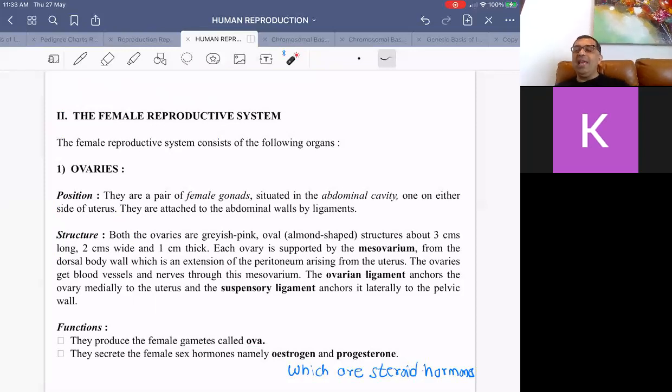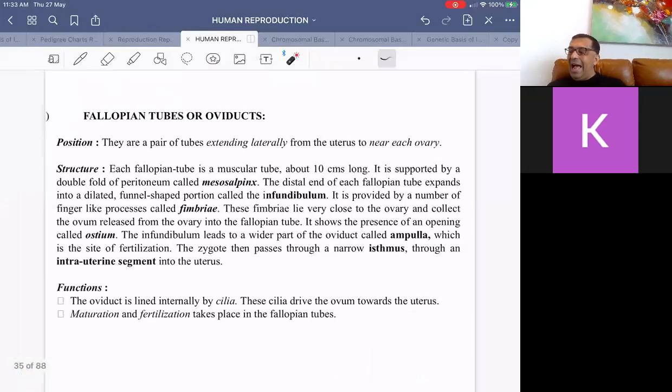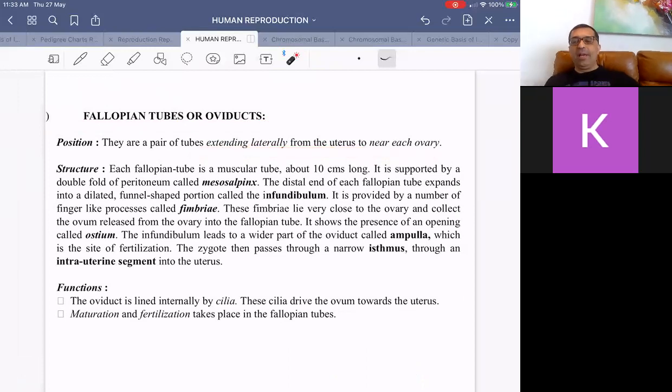That's the ovary. And then we have the fallopian tubes or the oviducts. The fallopian tubes extend laterally away from the midline, from the uterus to near each ovary.